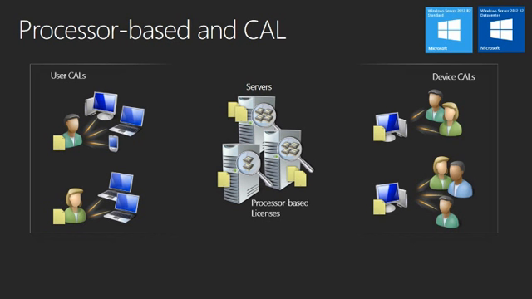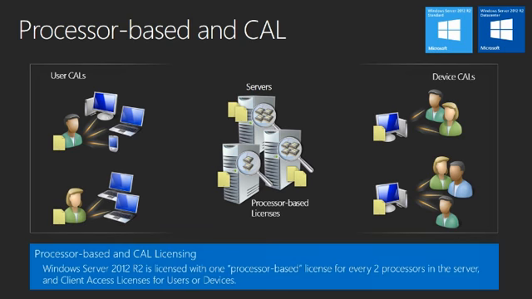But alternatively, if the users share machines, then device CALs would be a good recommendation. So here's the summary. Processor-based and CAL licensing. Windows Server 2012 R2 is licensed with 1 processor-based license for every 2 processors in the server and CALs for users or devices. And I must also just point out that this model applies only to the standard and data center editions of Windows Server 2012 R2.